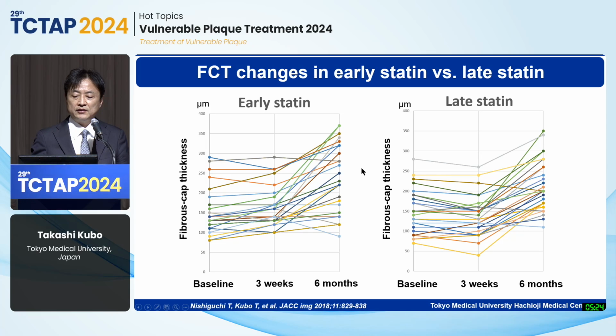So this is the data. The fibrous cap thickness decreased at 3 weeks compared to the baseline in the late statin group, and in the early statin group, fibrous cap thickness increased at 3 weeks compared to the baseline. So early statin administration is very important to plaque stabilization in ACS patients.